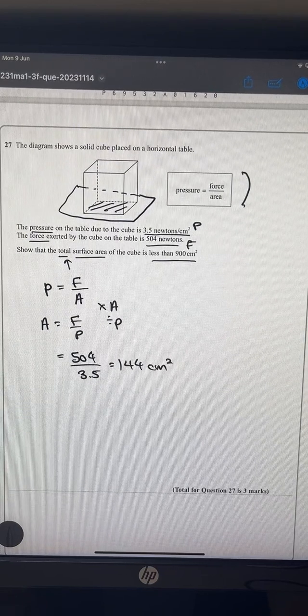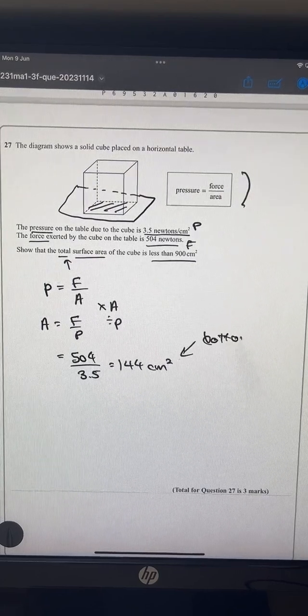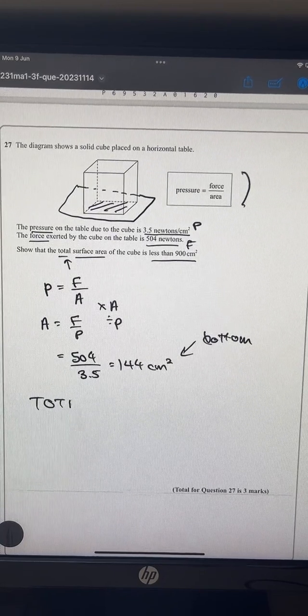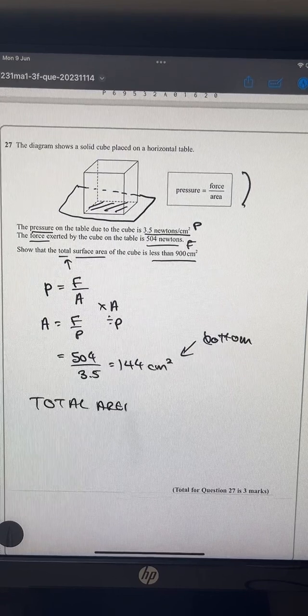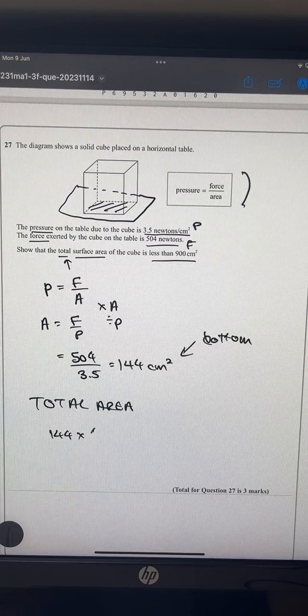But wait, that is the area on the bottom. That's what is touching, okay? So I need to see what is the total area of this cube. So total area is 144 multiplied by how many sides does this have? It's a cube, so it's got 6 sides. That's going to be equal to 864 centimeters squared.